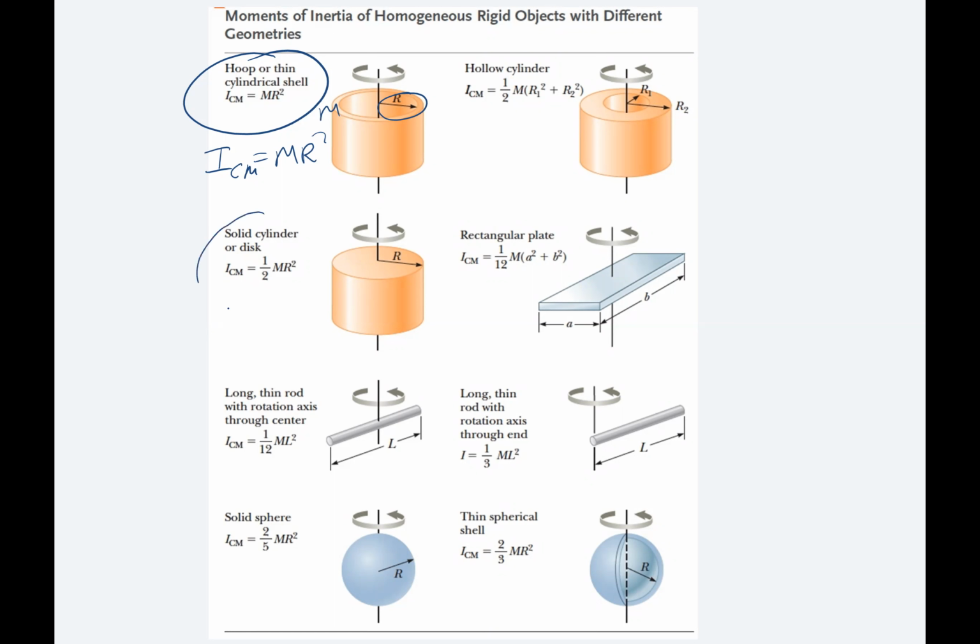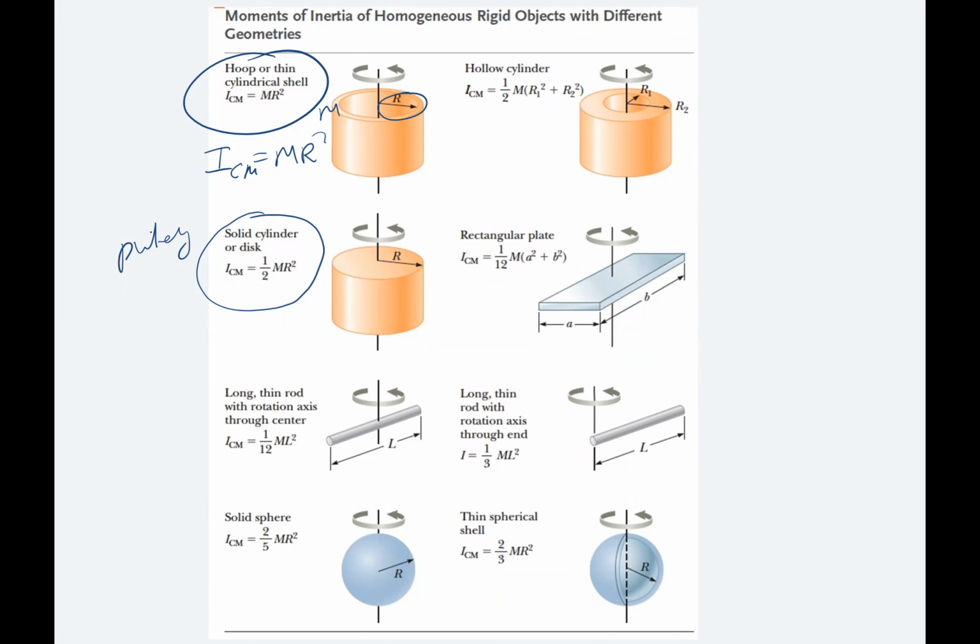Well, what if you have a solid cylinder or disk? This usually works for pulleys. The pulley has a size, a radius, and what you can do here is represent it as 1/2 times mass times radius square.